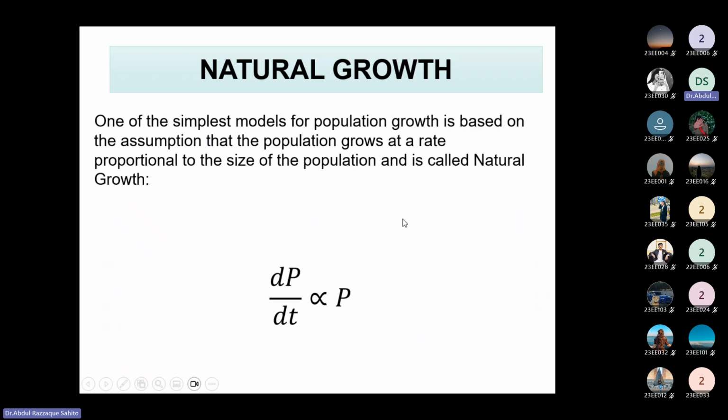Now let's consider that P is a population. P का क्या मतलब है? Population. अच्छा, what this D represents? Difference. So derivative.